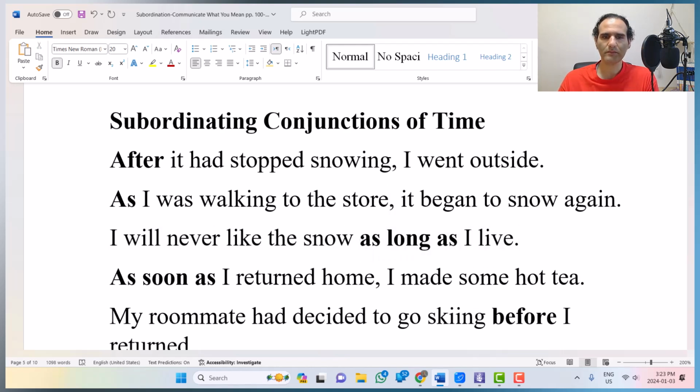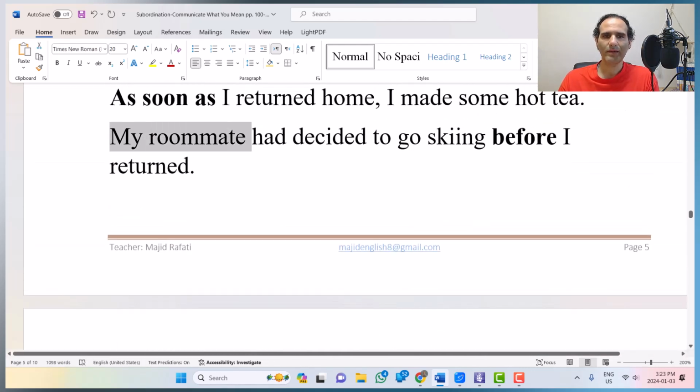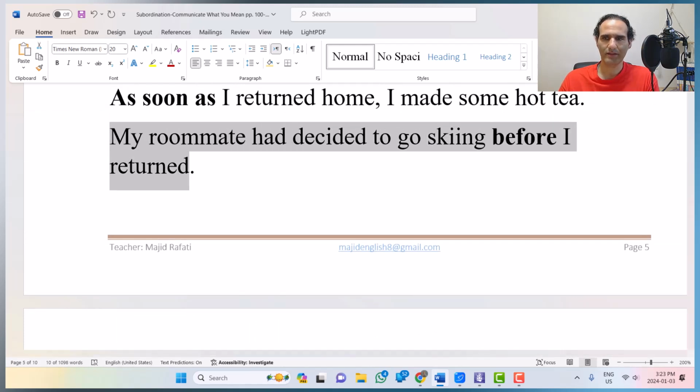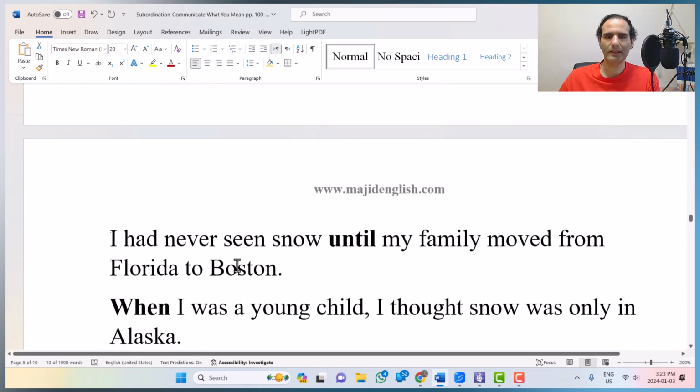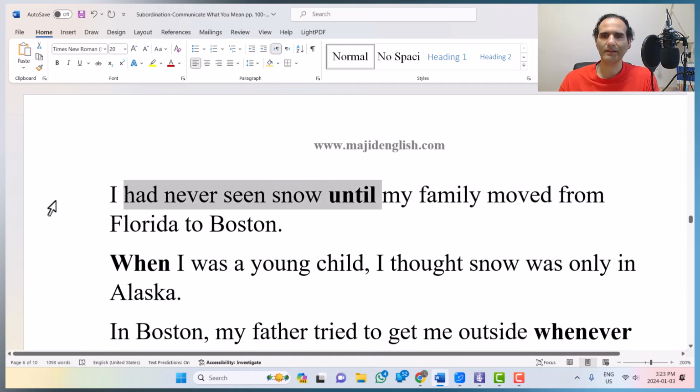Okay? As soon as I returned home, dependent, I made some hot tea. Independent. My roommate had decided to go skiing before I returned. So because it has started with the independent clause, no comma is needed. I had never seen snow until my family moved from Florida to Boston.